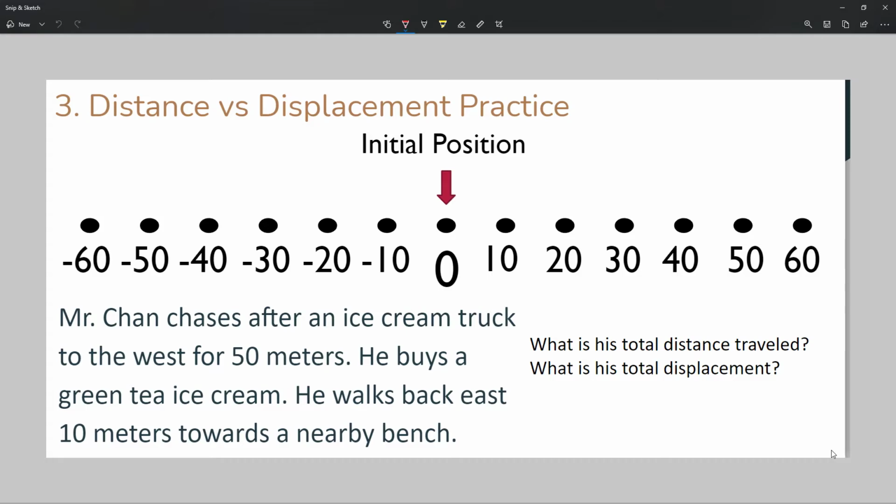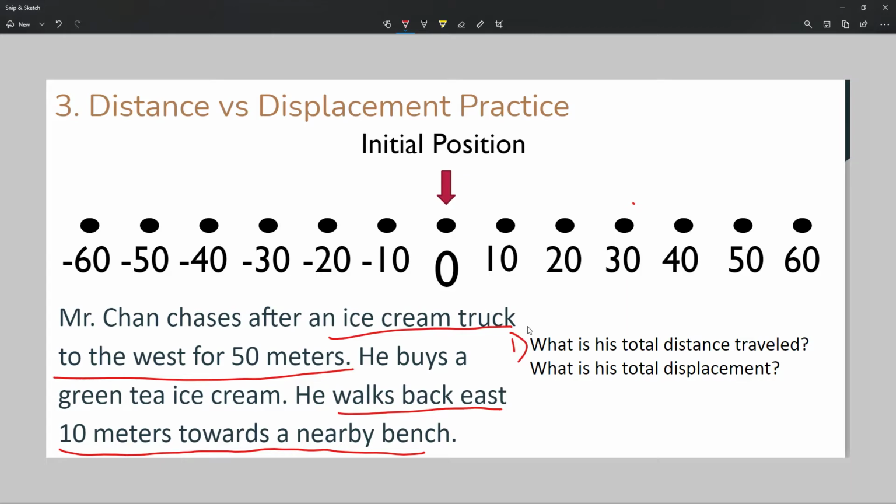So let's say I chase after an ice cream truck to the west for 50 meters. I buy ice cream, and then I walk back east 10 meters. And your first question here is, well, what is my total distance traveled?